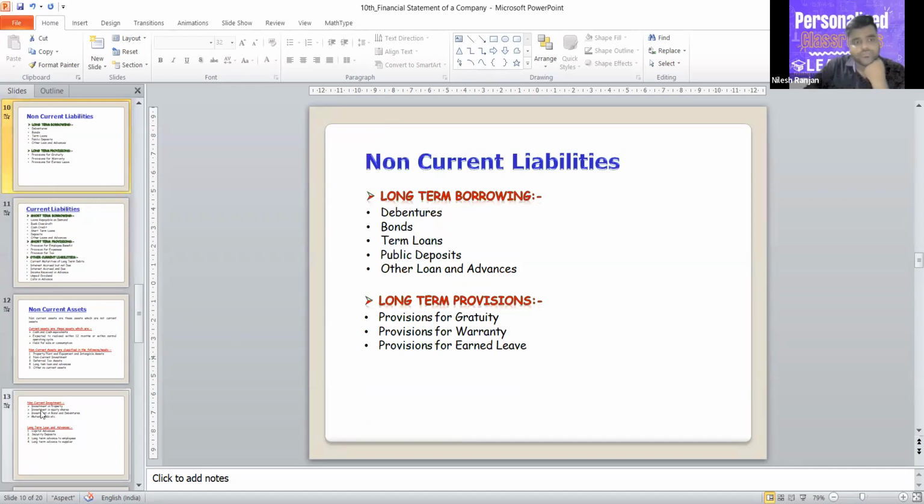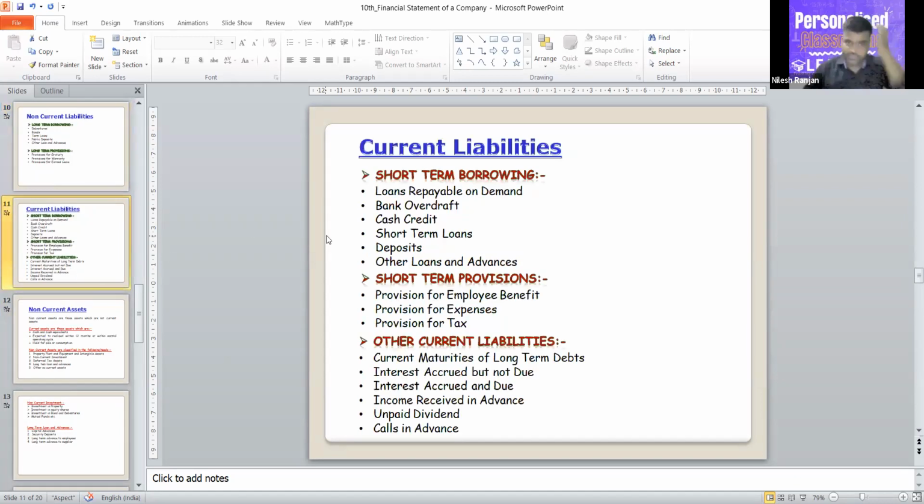You should remember these, so that if there is any question related to any of the items given here, you will understand under which heading or subheading they will go. So non-current liabilities, current liabilities, and you are taking a screenshot. Yes, sir. Okay.